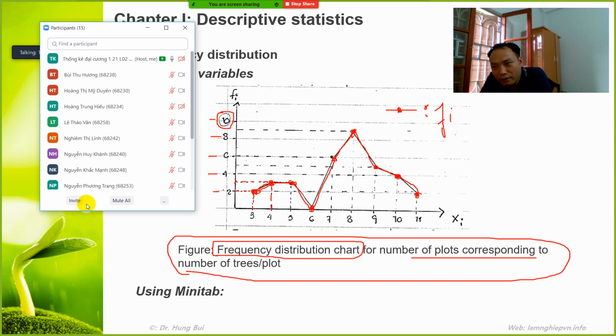Okay. How about others? Mạnh, Khánh, Linh. Answer my question. Okay, sorry. Chan. How many plots having 7 trees? Look at the table. Looking at the table is okay, or look at the graph.